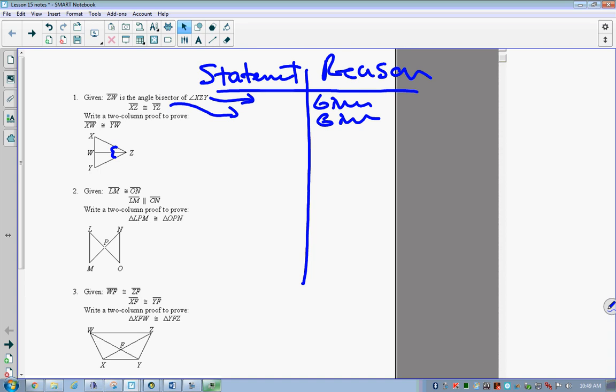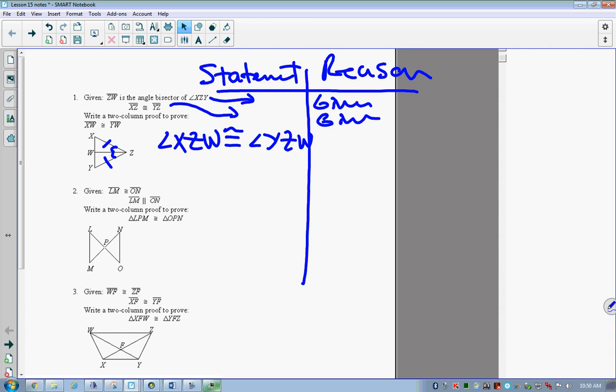And the other thing they tell me is that XZ is congruent to YZ. Now, I've drawn those two little angles, but really we need to supply more information. We need to supply angle XZW is congruent to angle YZW.